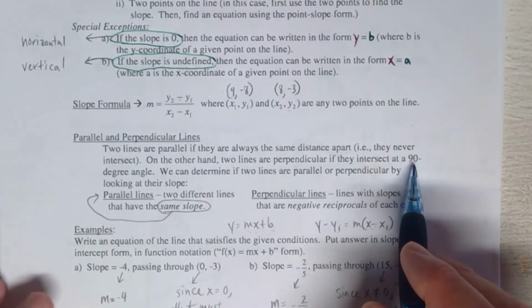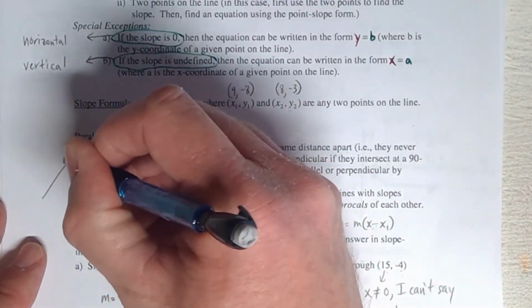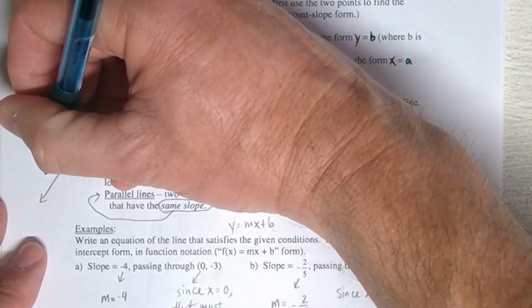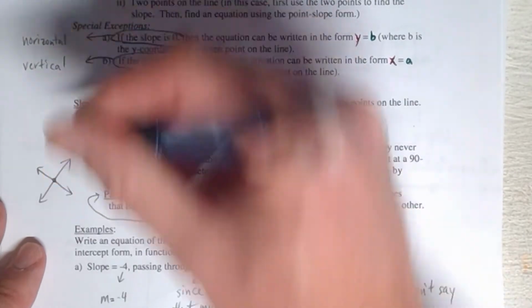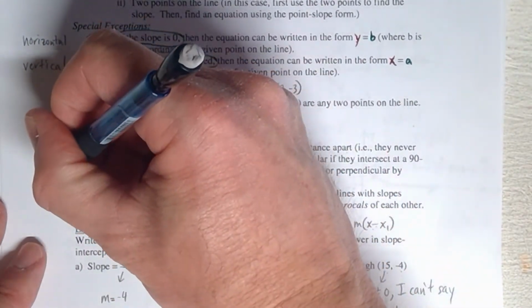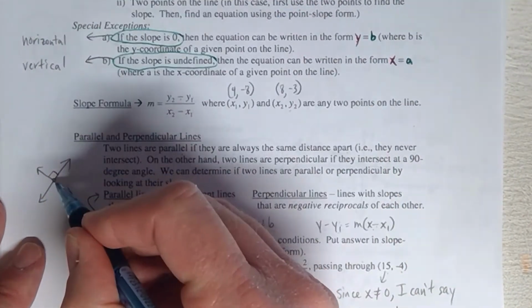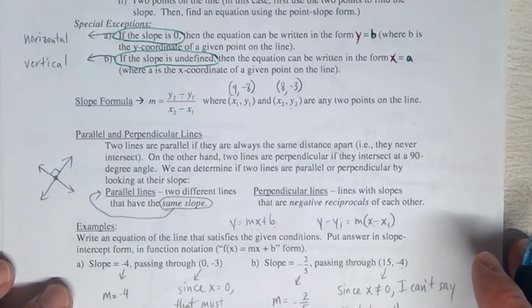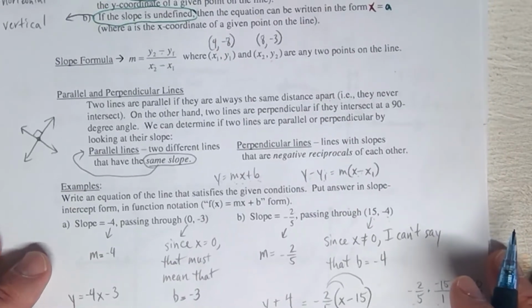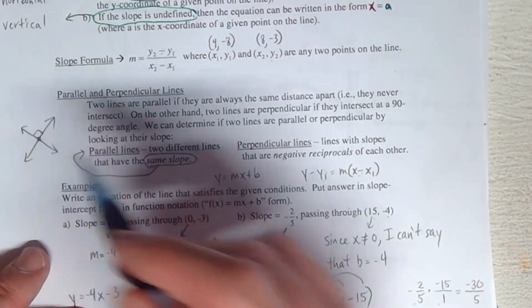They intersect at a 90-degree angle. For example, if you had something like this, notice that these two lines, this is not just any intersection point right here. This is a 90-degree angle right there. That's what perpendicular lines are. They intersect at a 90-degree angle.